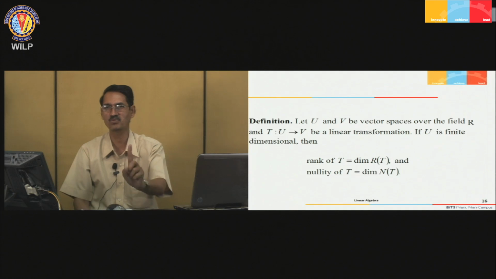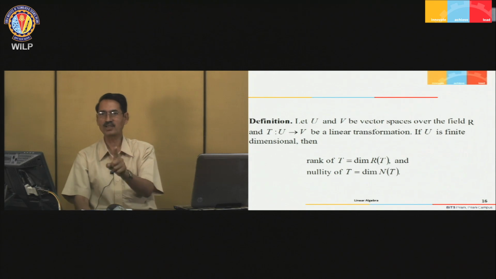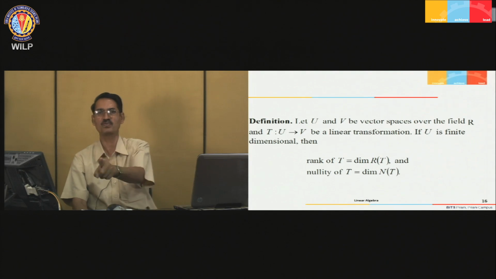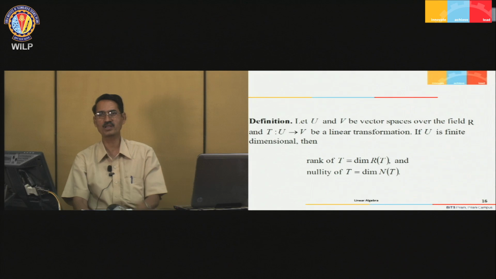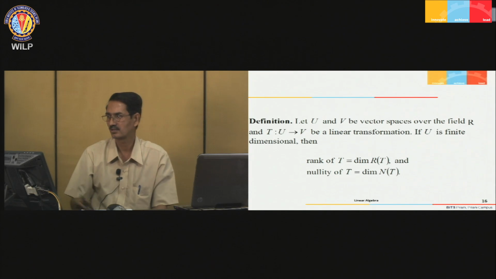So remember, once more I am repeating, the rank of a linear transformation is the dimension of the range space of T, and the nullity of a linear transformation is the dimension of the null space of T. Fine.